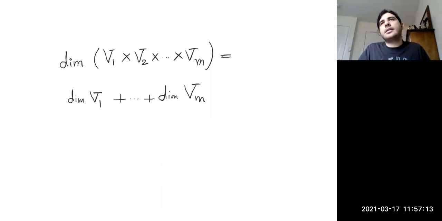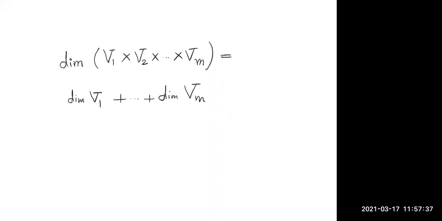Remember, there are different ways to prove the dimension of a vector space is a certain number. One of them was finding a basis for that space, right? How can I use that idea to prove this number is the dimension of this product space? I guess find a basis for this product space, count the number of vectors in it, and prove that it's a basis, that it's linearly independent.